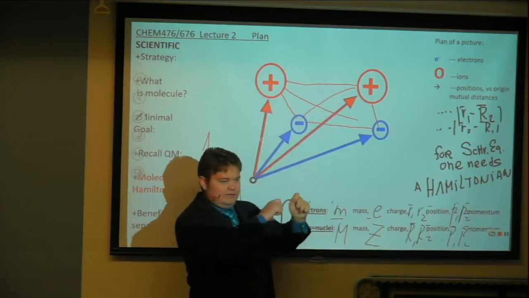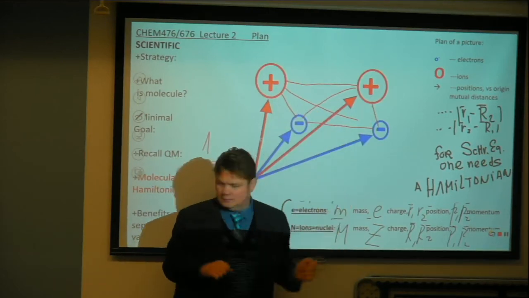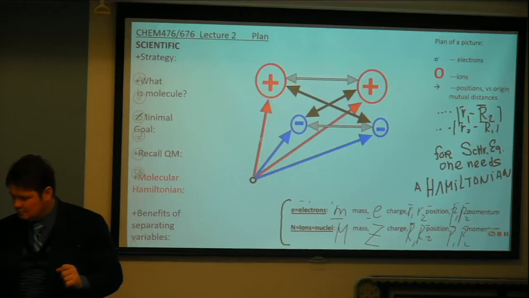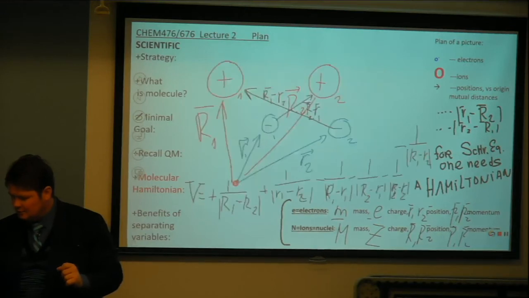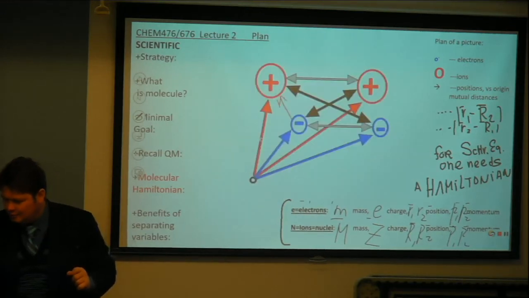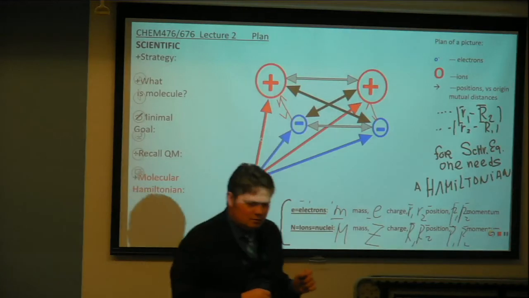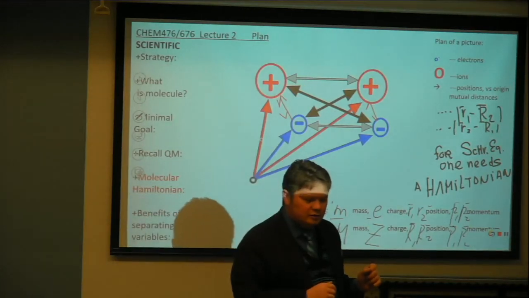So we will already have a long Hamiltonian. It will be not a big deal to write down the potential energy, right?